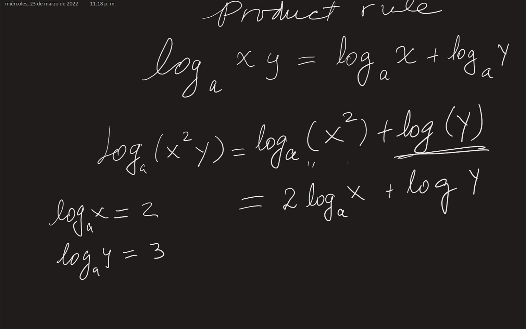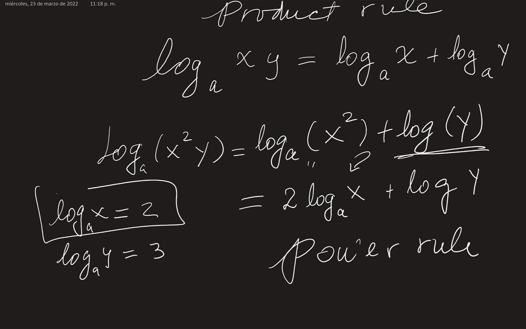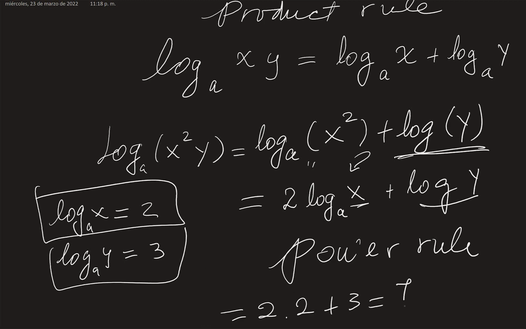No changes here, but here we use the power rule. And now, with this value, you can finish your problem because you say that your answer is 2 times log of x, which is 2, plus log of y, which is 3. And it gives you 7.